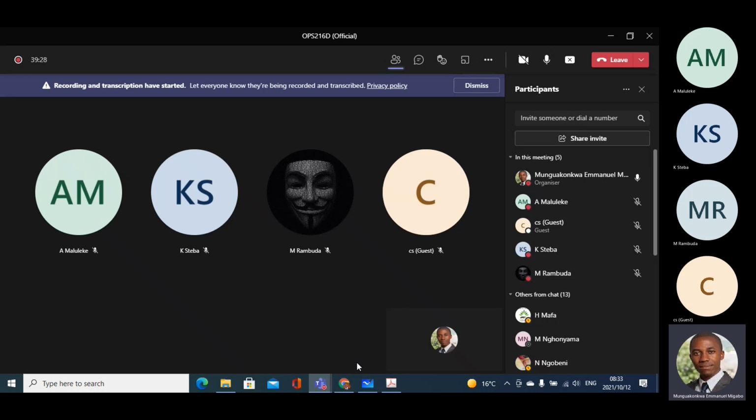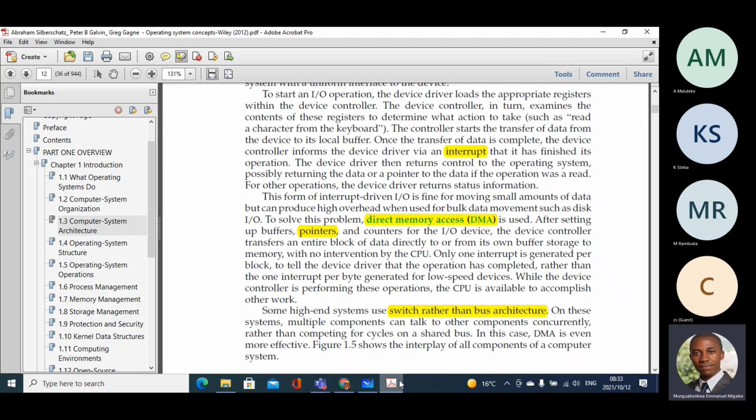So when we say some computer system architectures use switches rather than buses, we're talking about a different approach to orienting data as it comes in from one module to another, or goes out, depending on whether we're talking about input or output. Rather than using the bus, which requires control signals in addition, with the switch we identify each component by means of what we call the MAC address.